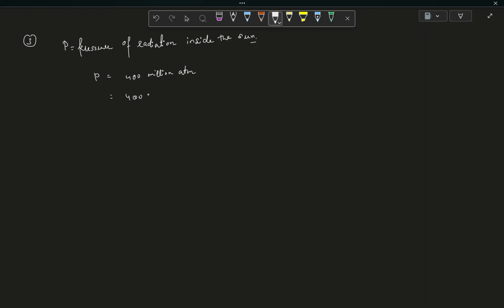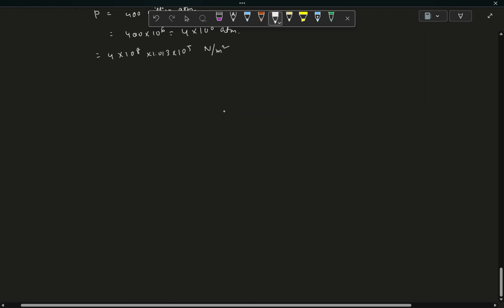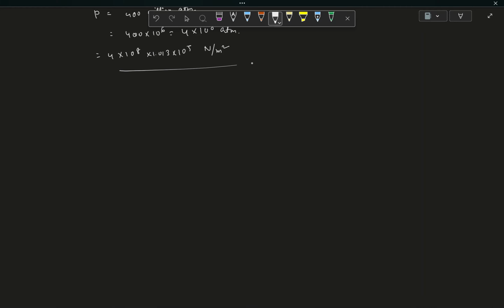So 400 million is 400 into 10 to the power 6, which is 4 into 10 to the power of 8 atmosphere, which is 4 into 10 to the power of 8 into 1.013 into 10 to the power of 5 Newton per meter square.